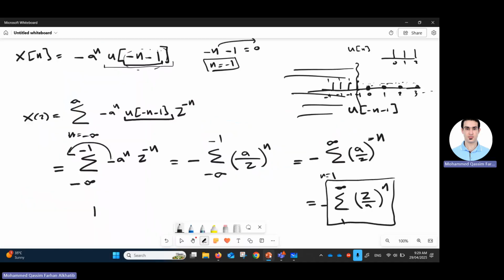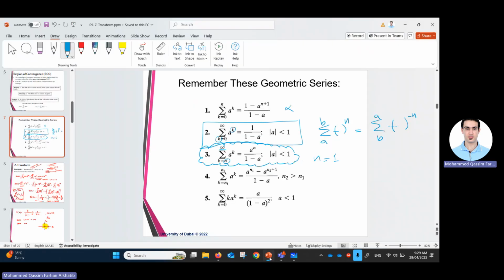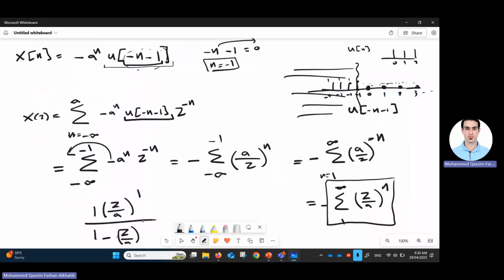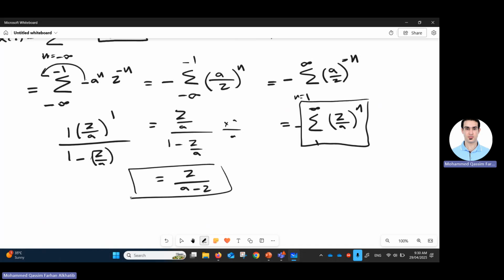A to the power n, where a is basically z over a, to the power 1, that's n, over 1 minus z over a to the power, there's no power there. So in this case, the expression will become z over a over 1 minus z over a. And just multiply by a and a, you will get z over a minus z. And that's the answer in this case.